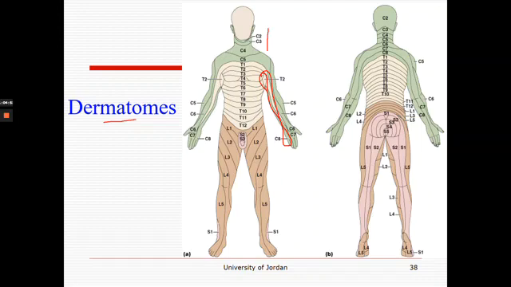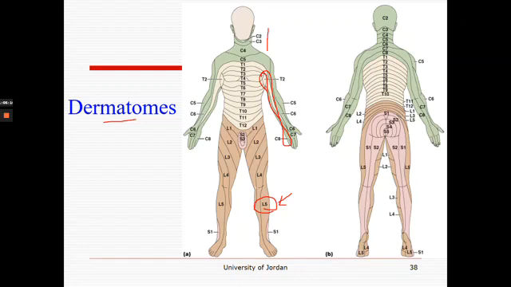So these are the dermatomes, and as you see from them, if you have a loss of sensation in this area here, which is the area of L5, then you know that there is loss or abnormality between L5 and L4.